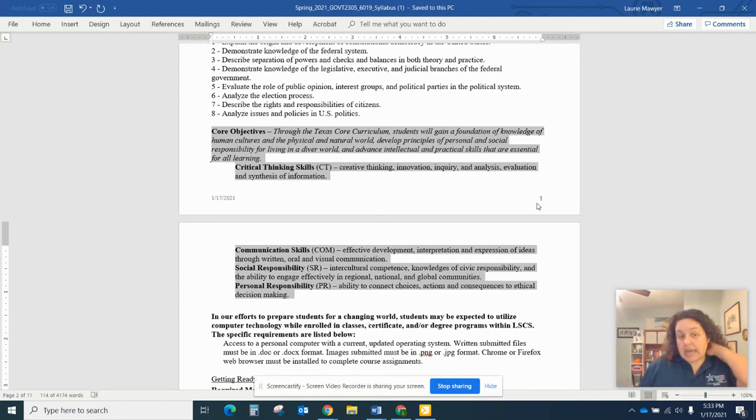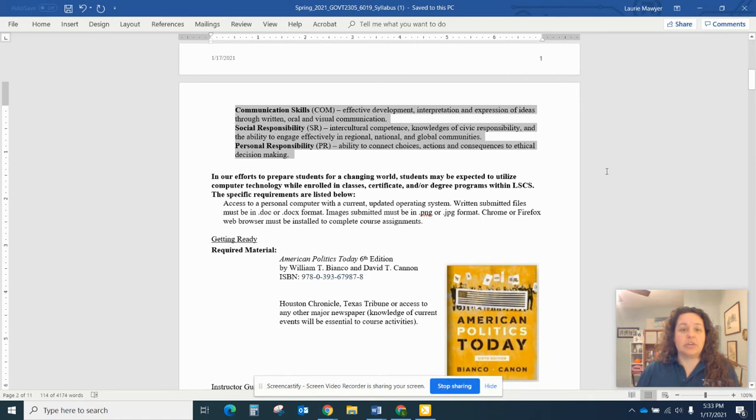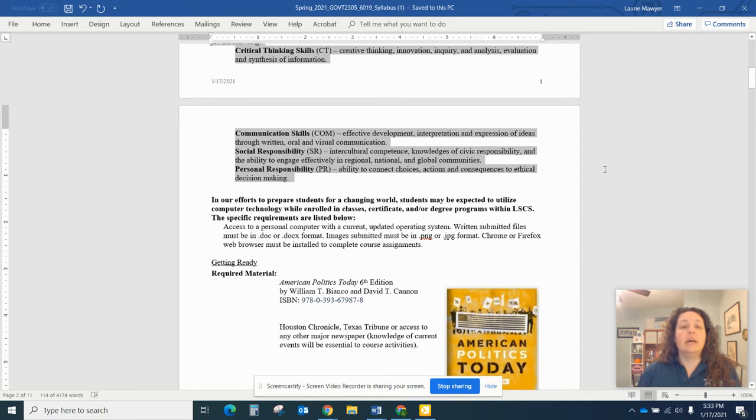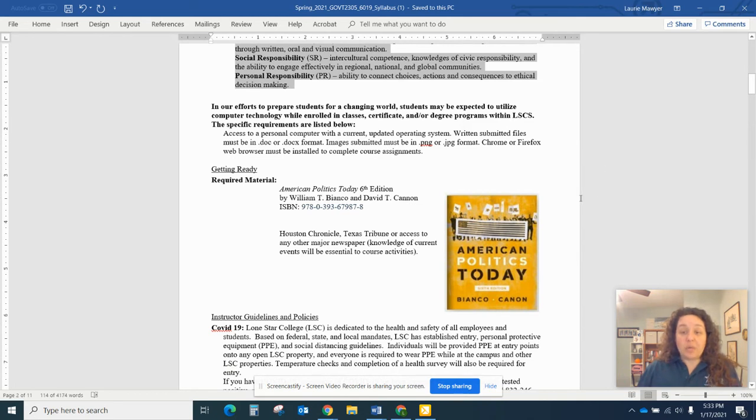So what it says is that you are expected to have critical thinking skills, communication skills, social responsibility, and personal responsibility skills. And part of this communication is through written, oral, and visual communications. And since we're online, that falls to written communication. So yes, you are going to write a paper because the state says I should assess your communication and critical thinking skills of evaluating and synthesizing information in writing.